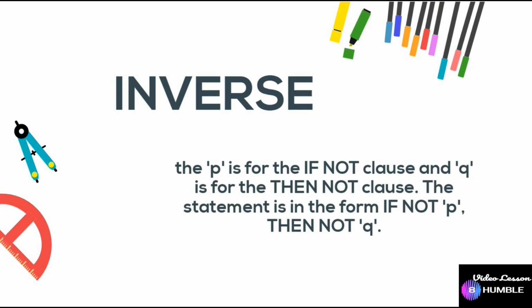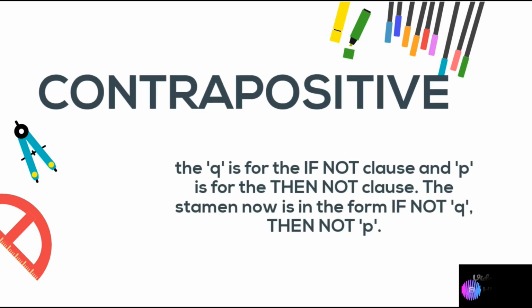The statement is in the form if not P then not Q. In contrapositive, the Q is for the if not clause and P is for the then not clause. The statement now is in the form if not Q then not P.